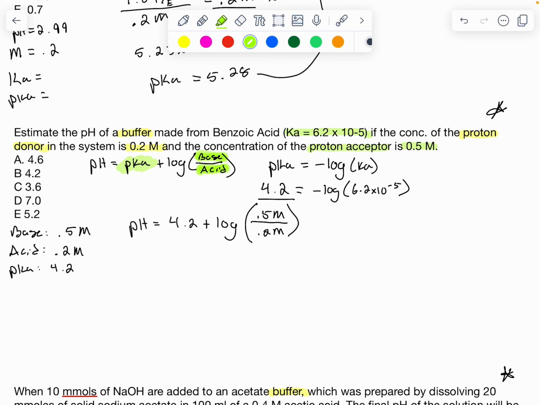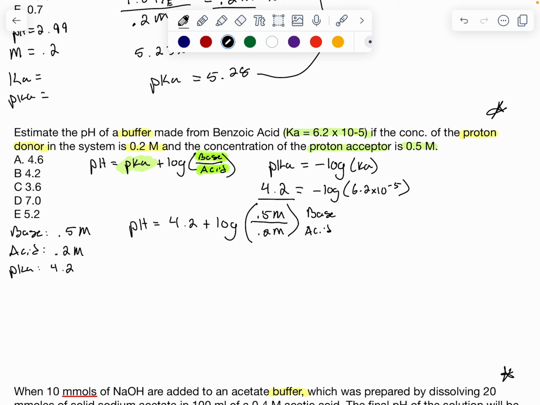I will say it 10,000 times until you guys get it, because it is such a big concept and so many mistakes can happen from flipping it and putting the acid on top and the base on the bottom. So besides that tangent, let's get back into it. pH is equal to 4.2 plus the log of 0.5 molar over 0.2 molar. And again, our base over our acid.